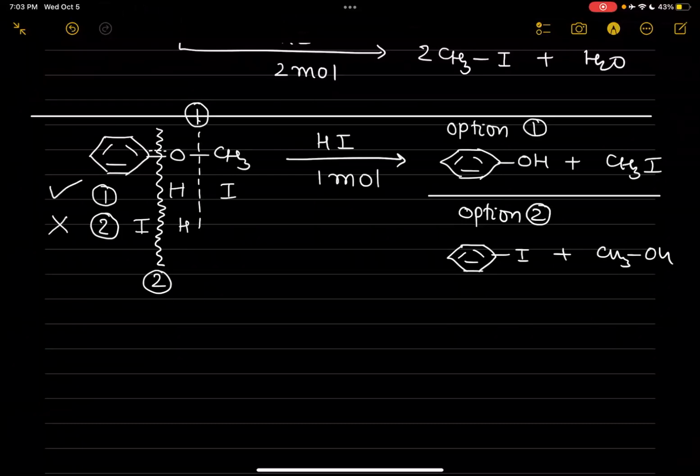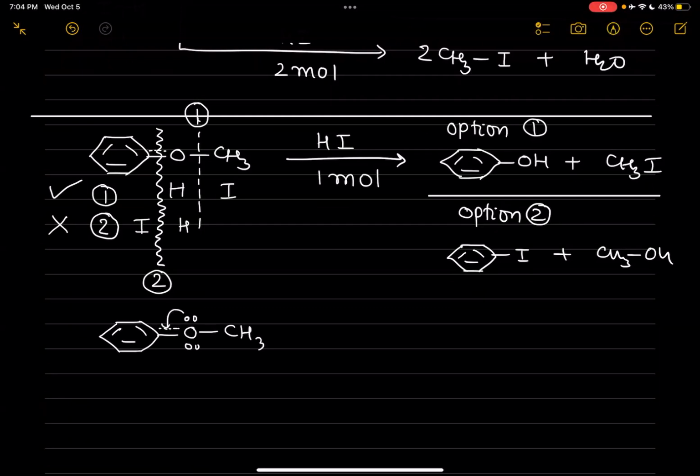Option 1 is correct. You can write the benzene-oxygen bond. The reason you can write it, Imad and Rehan, you can see over here, there is a partial double bond character due to resonance.